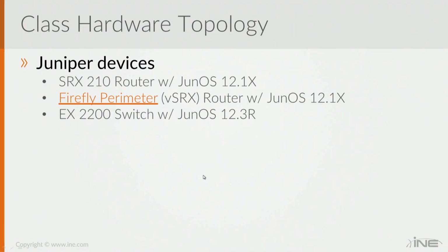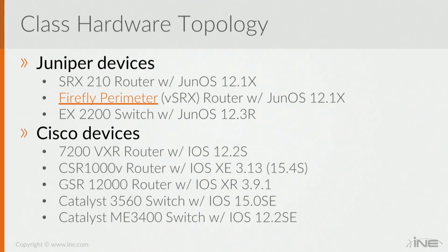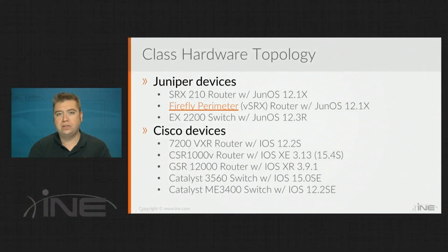From a layer 2 switch point of view, we're going to be using the EX2200s, which are basically the equivalent of the access layer switches like Catalyst 2950, Catalyst 3560 in terms of iOS. And then specifically for the iOS boxes, we're going to have a different mix of routers that are running regular iOS, where we have the 7200 VXRs, which is the traditional enterprise edge router for Cisco.